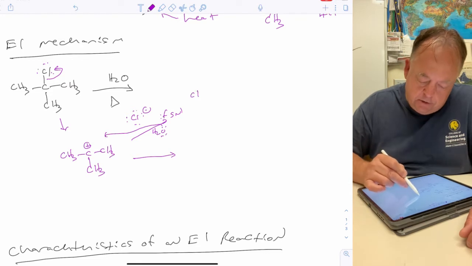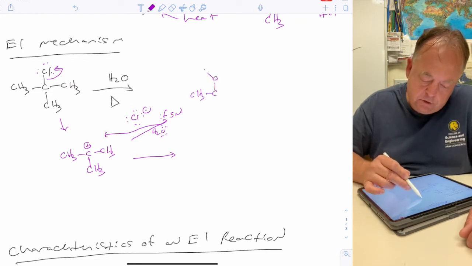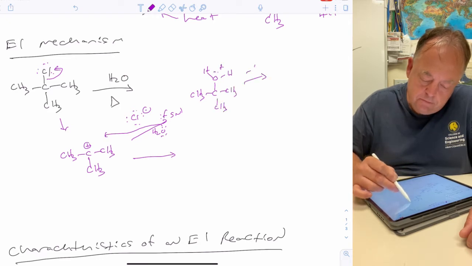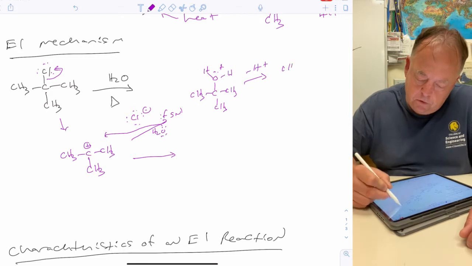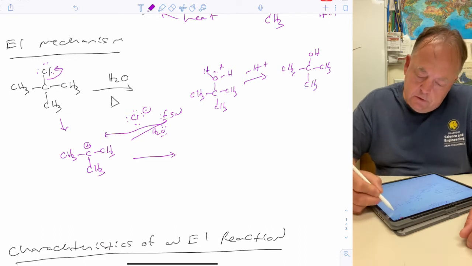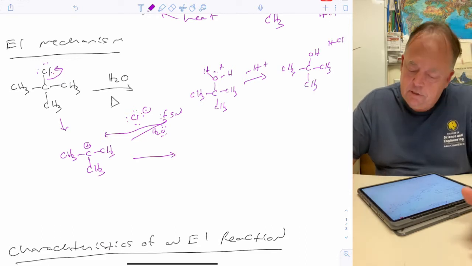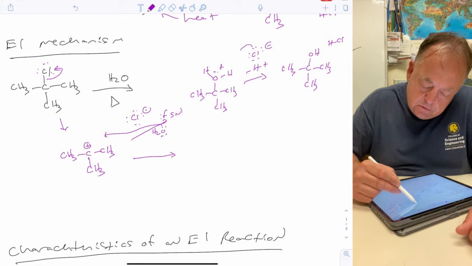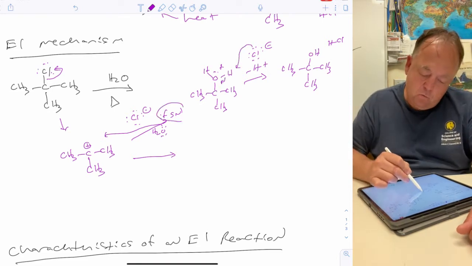And you would get this intermediate, which then you lose a hydrogen. And you would get HCl side product, right? Or you could show Cl- taking the hydrogen off. So that's if it did an SN1.